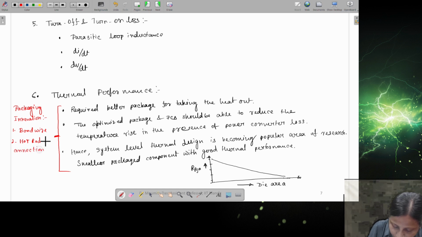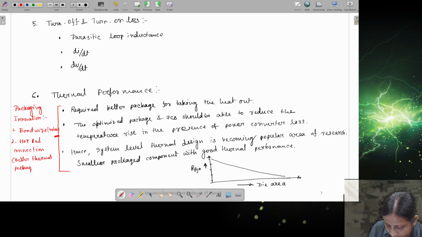Instead of this, this will have less thermal problem, or I can say better thermal innovation. This is with respect to the device.